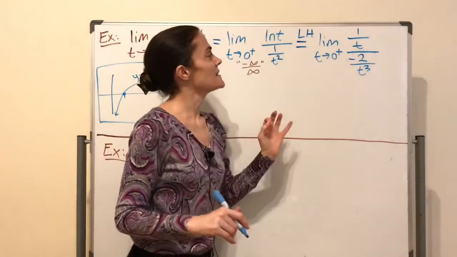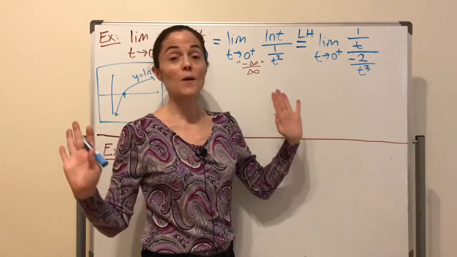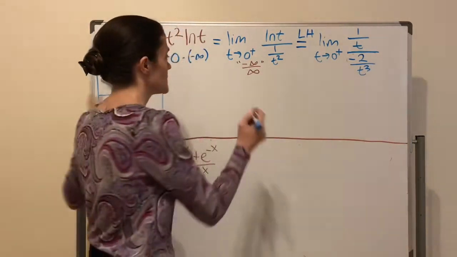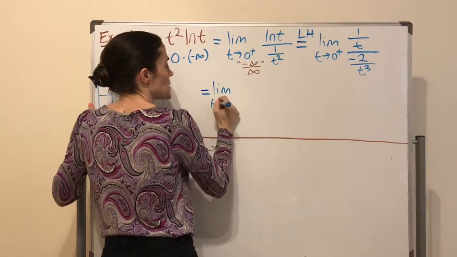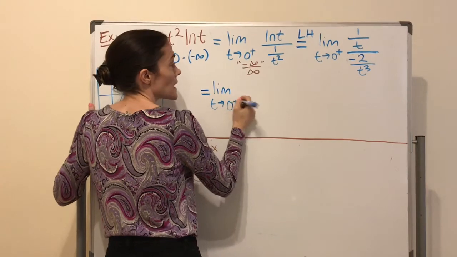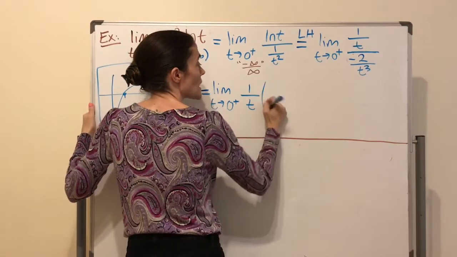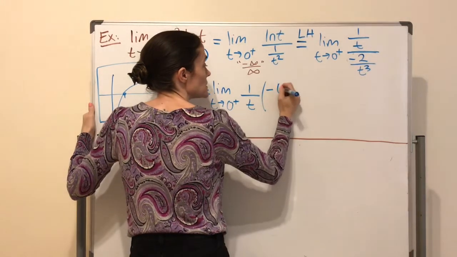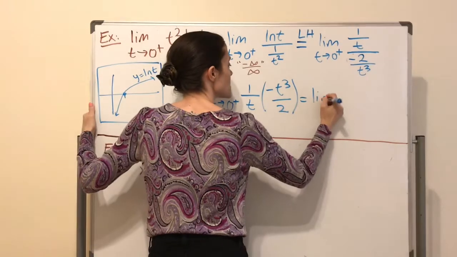Now looking at this, what I want to do now, properties of exponents. So this is a limit as t approaches 0 on this side. We invert and multiply. This is minus t cubed over 2. And here is the property of exponent part.